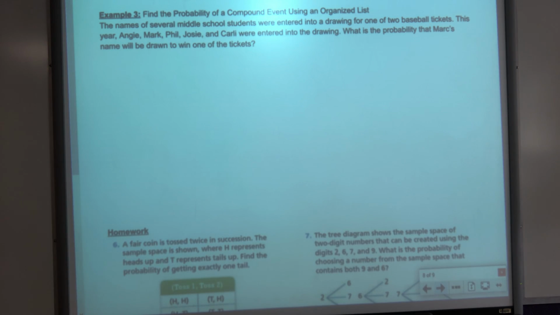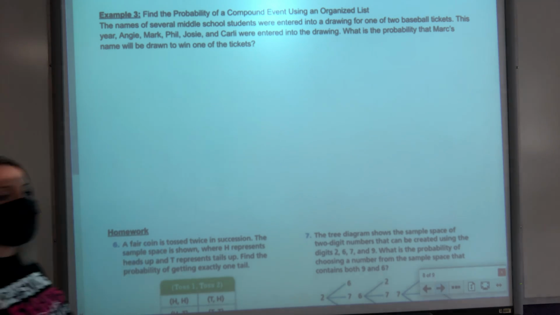The names of several middle school students were entered into a drawing for one of 2 baseball tickets. This year, Angie, Mark, Phil, Josie, and Carly were entered into the drawing. What is the probability that Mark's name will be drawn to win one of the tickets?